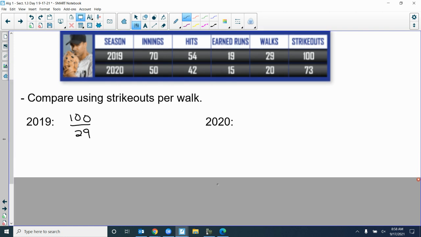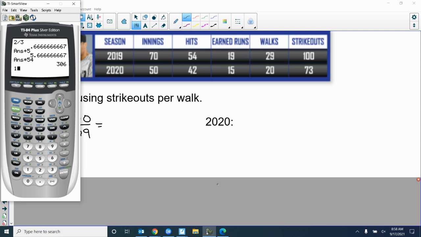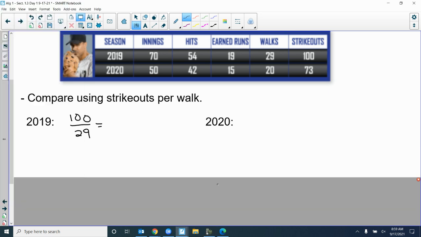Okay, 100 divided by 29. And then, Ryan, what does that give us? 3.4. Okay, is there more? 3.44. Okay. We're going to round to the second decimal place, so 100 divided by 29, that 8 is there, so I'm going to go 3.45.